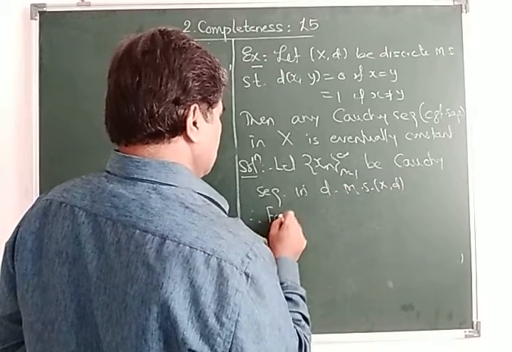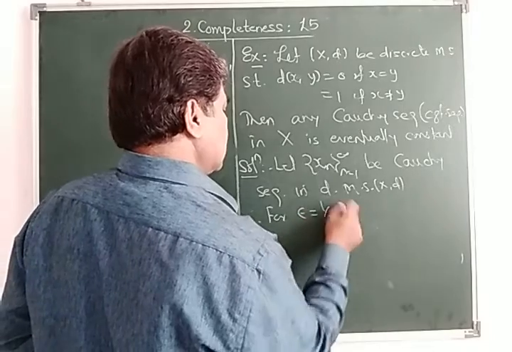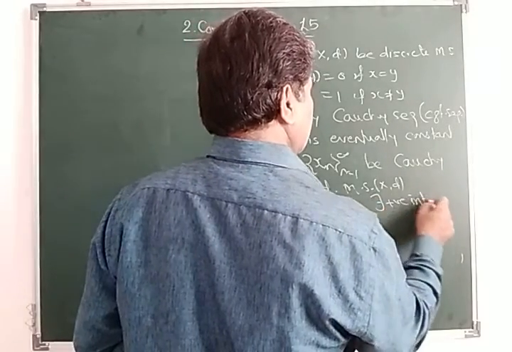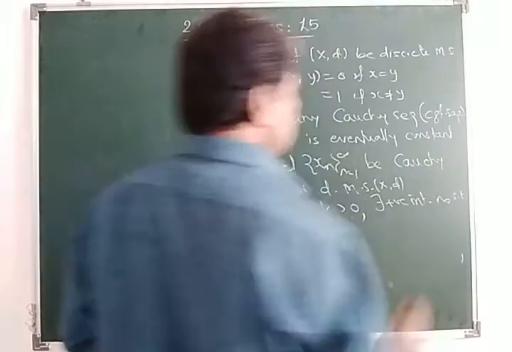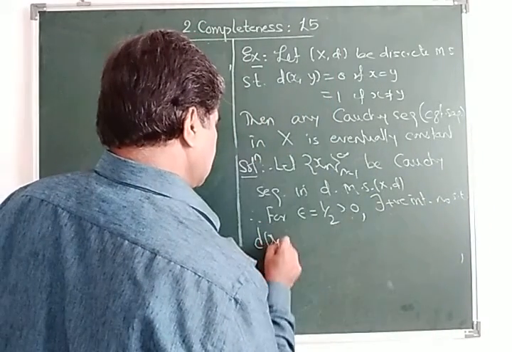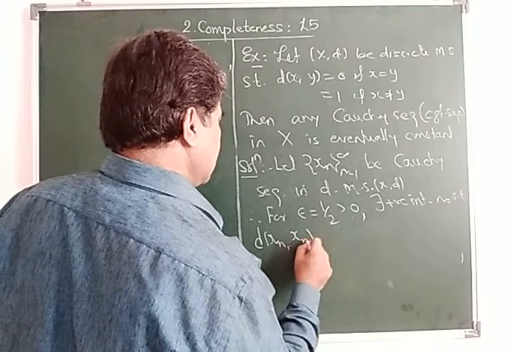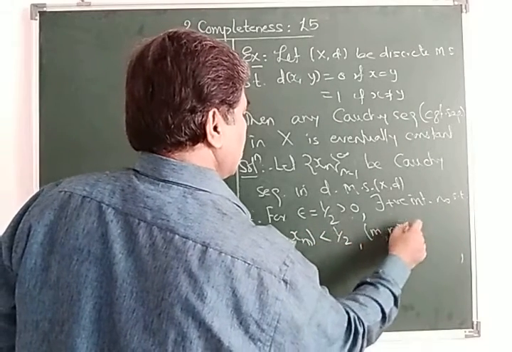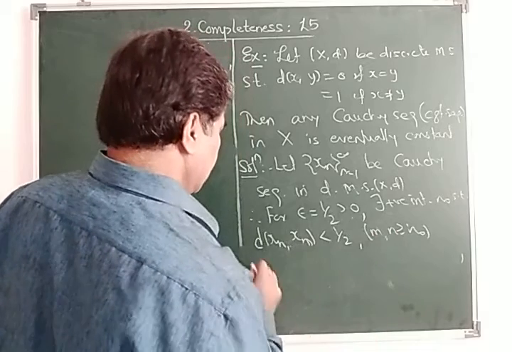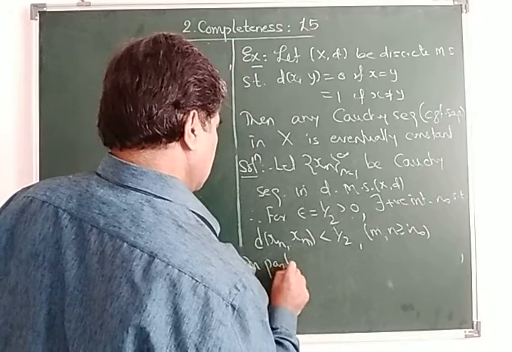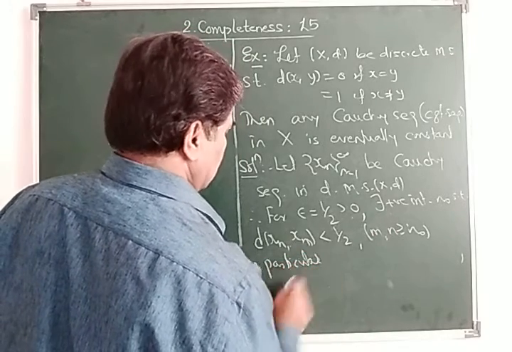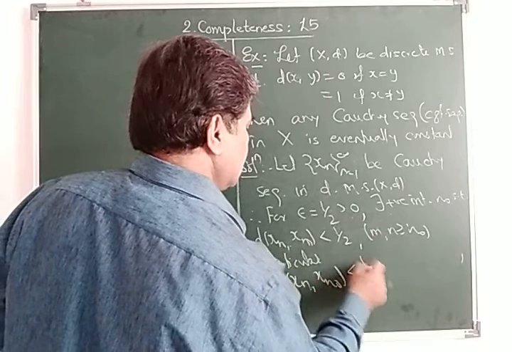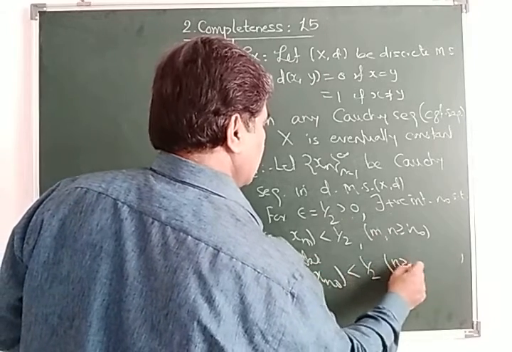Therefore, for epsilon equal to half greater than 0, there exists some positive integer n naught such that d of (xn, xm) is less than half for any n, m greater or equal to n naught. In particular, d of (xn, xn naught) is less than half for any n greater or equal to n naught.